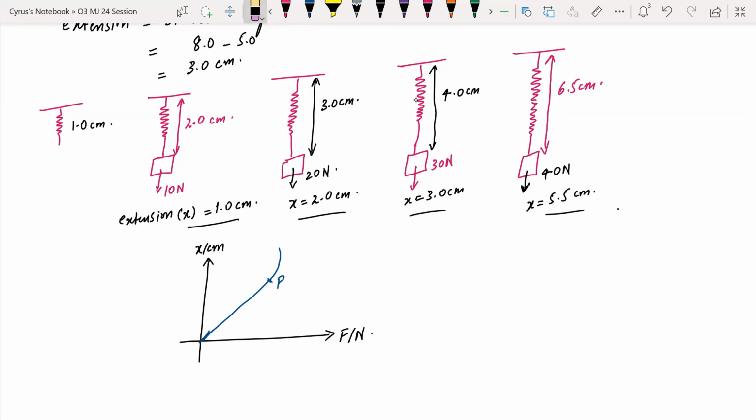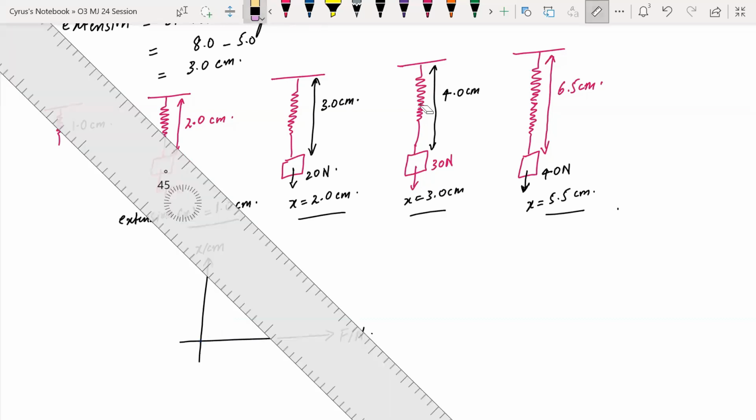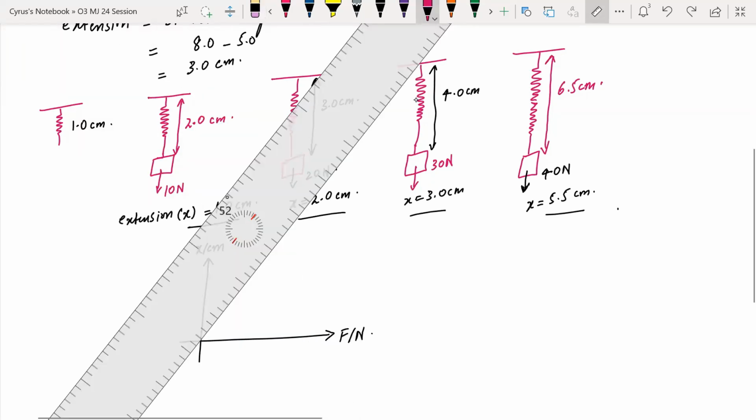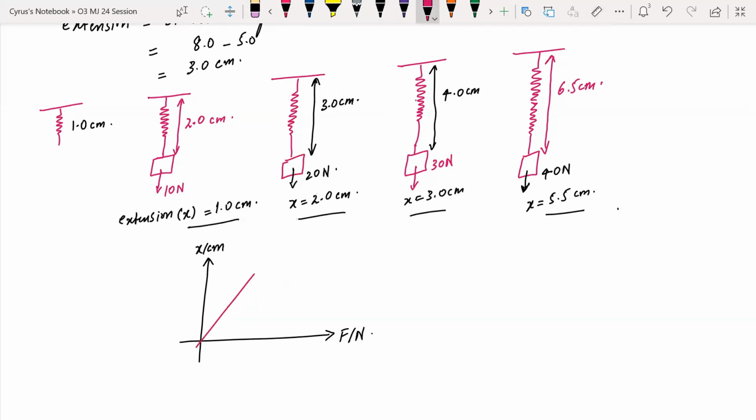Let me draw it here. This is a straight line here, like this. And then after this point, it has gone beyond proportionality, right? So this point here is point P, and this P we call the limit of proportionality. Limit, try to bring it back from here, it will come back to its original point.